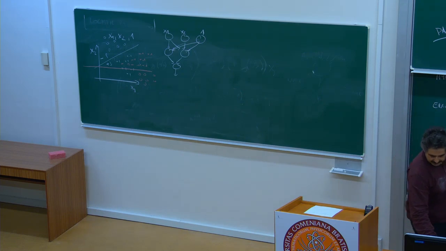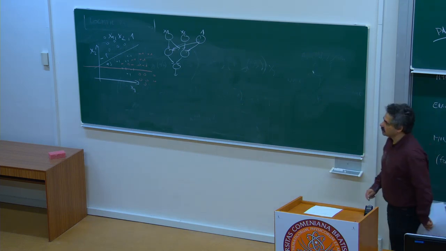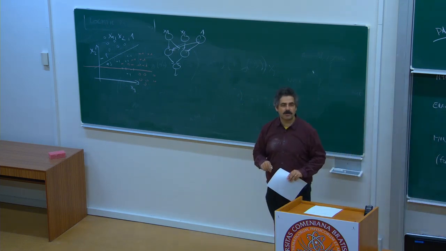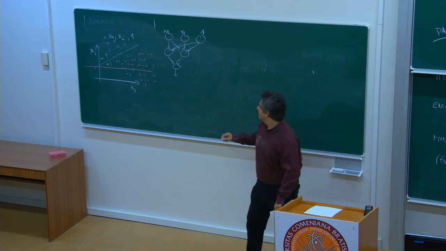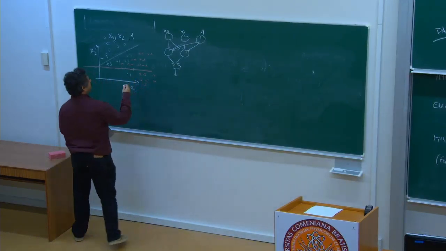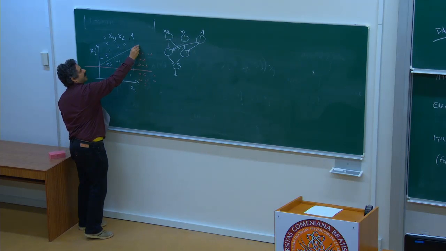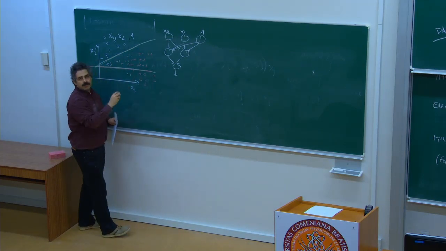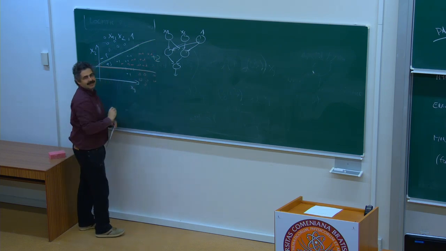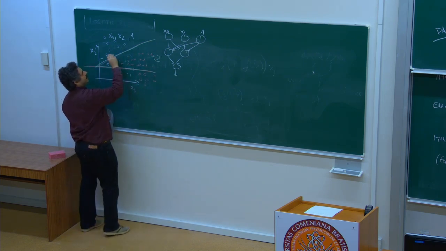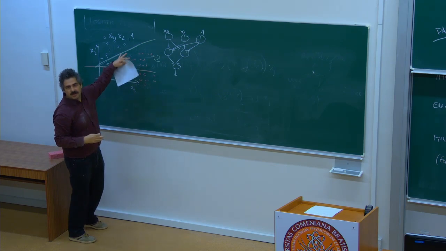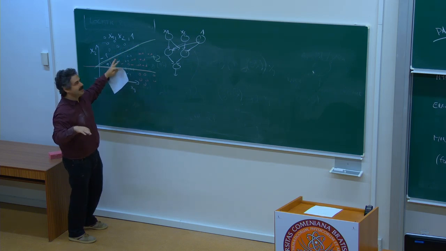Then in the middle, if I sum these together, what do I get in this area? Well, I get plus 2's, with some area close to the line, which I don't care about at the moment.